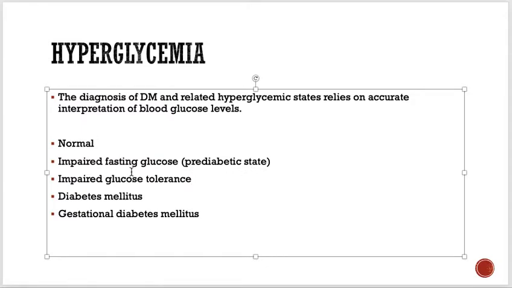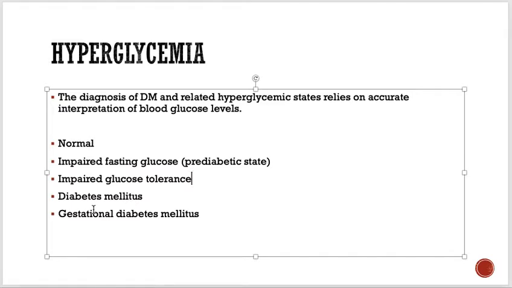So we give 75 grams of glucose orally, and we check their blood sugar levels after 2 hours. Of course we will talk about the values soon, but when they are not in the normal range, rather they are above normal but not in the range for diagnosing diabetes mellitus, we call it impaired glucose tolerance. And diabetes, of course, is when the levels come in the range of diabetes mellitus.